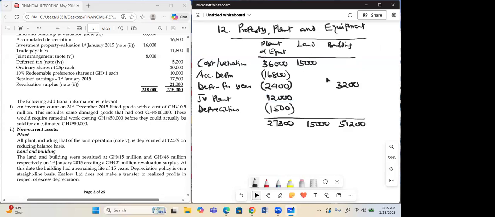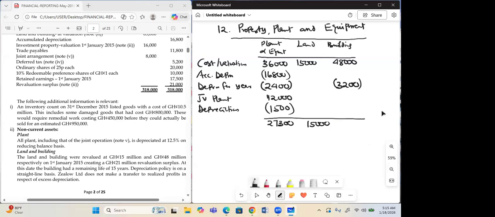And then they revalued it to 48,000, right? So at the beginning of the year, it was 48,000. But then the depreciation of the building. What was the depreciation of the building? 3,200. Oh, I added it instead of subtracting. Yes, you added it instead of subtracting it. So I think that's where the error is coming from.